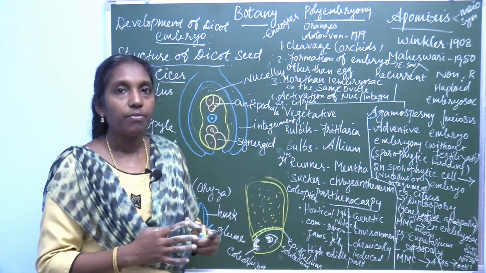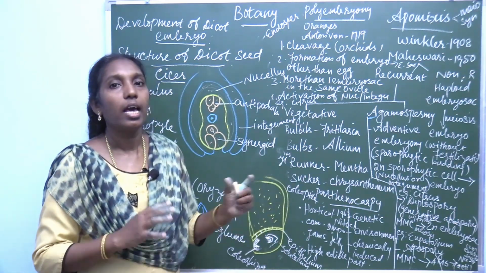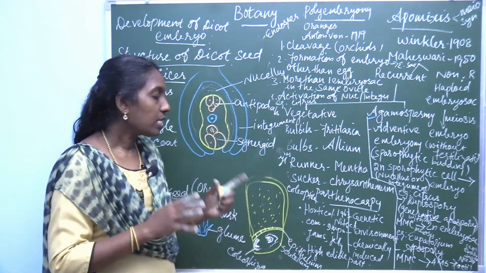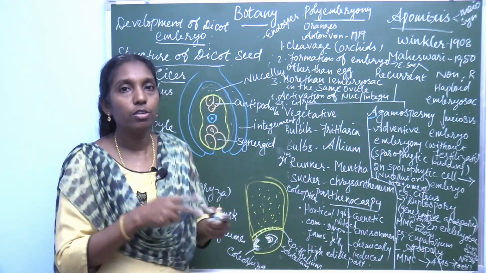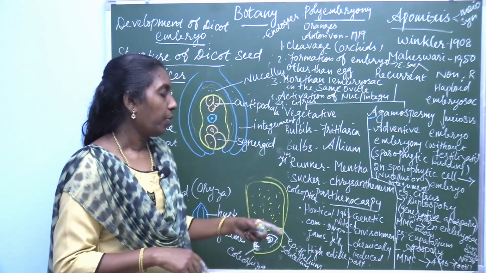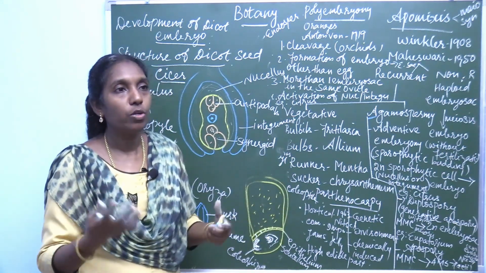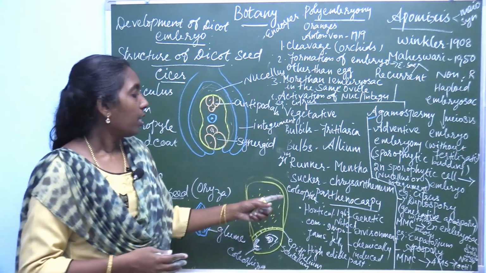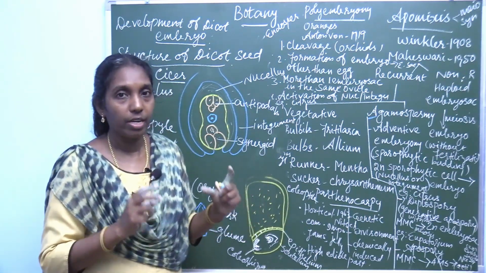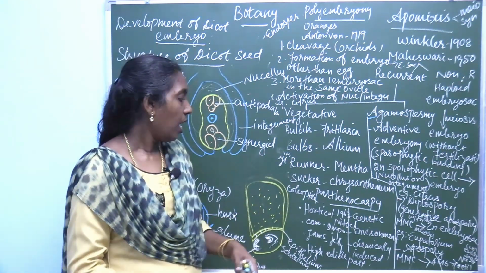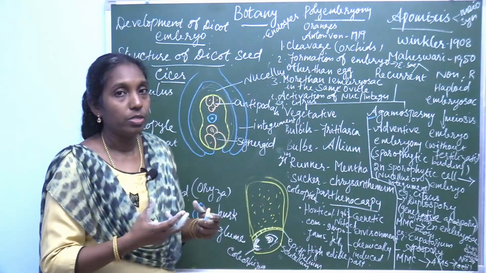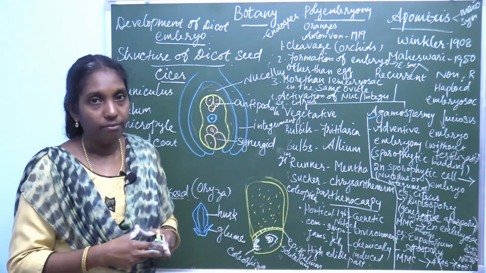Is there any significance of parthenocarpic fruit? Yes, parthenocarpic fruits are significant, so they are induced by horticulturists for producing garden plants. It is very useful for horticulturists, and it improves the commercial value.